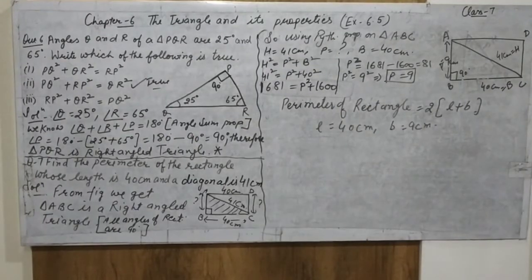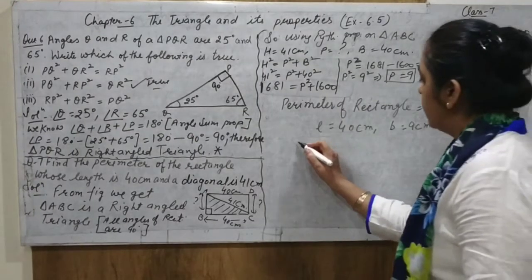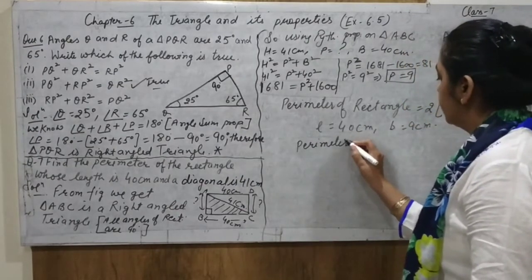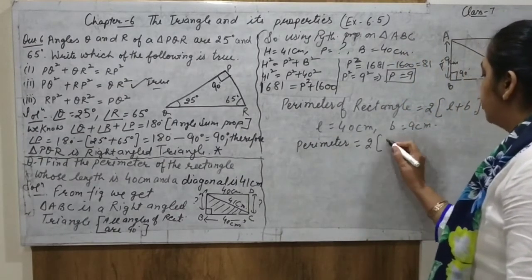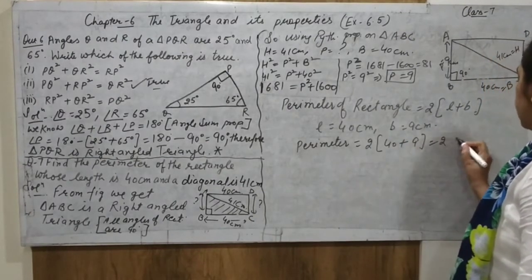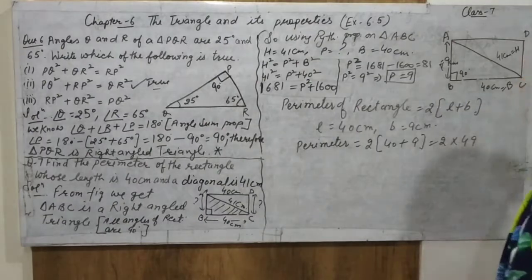Perimeter is equal to 2 into 40 plus 9, that is 2 multiply 49.